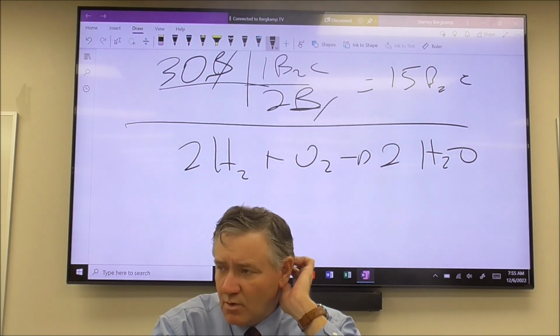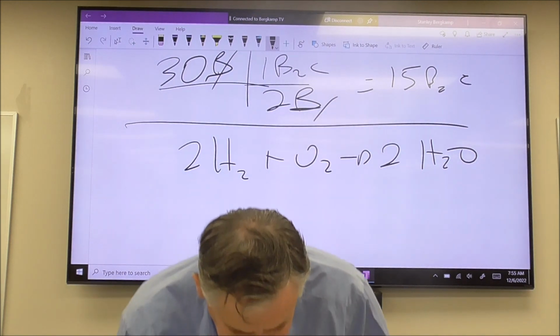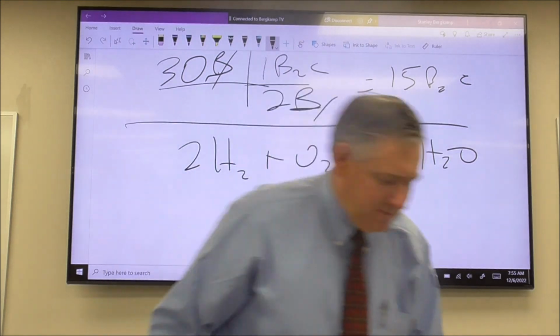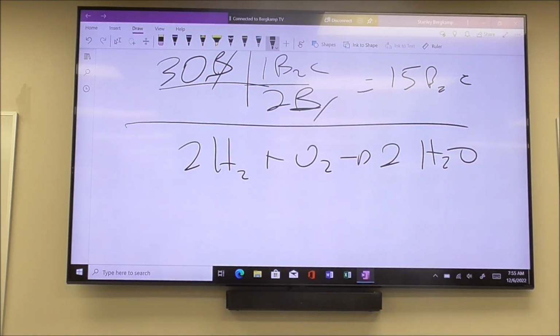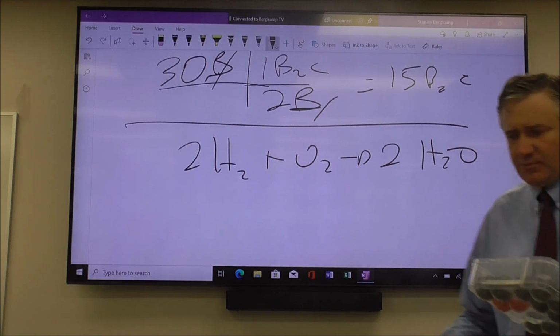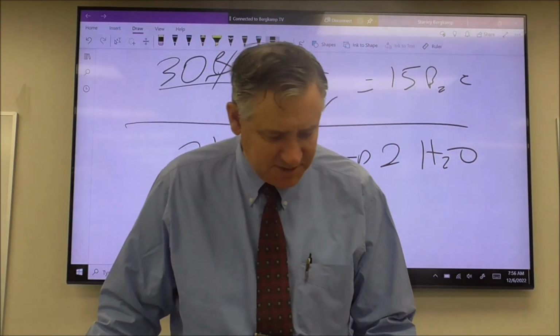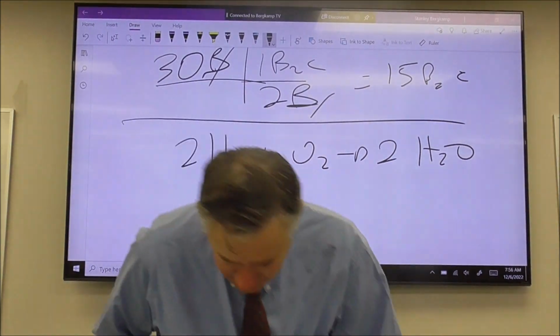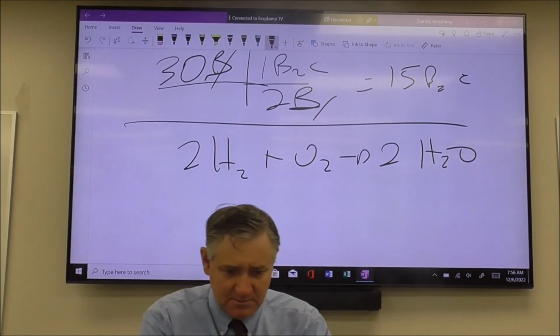Okay? So here's one way that you can look at this. You can sit here and go, okay, hey, I want to make water. All right, so let's make water. We're going to go to the kitchen. We're going to go to the chemical kitchen. And I would need 2 hydrogen molecules. Okay, got those, right?